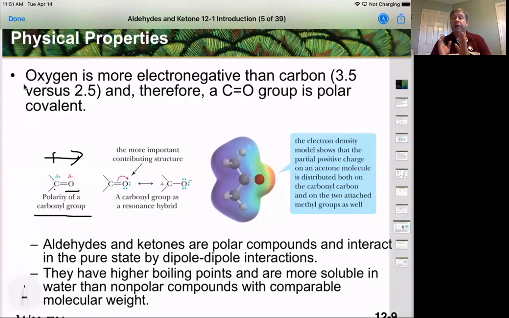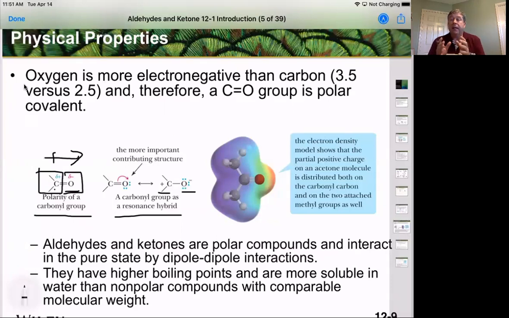This is the reactivity we're looking for in our carbonyl systems. Now, if we were to draw a resonance hybrid structure, we would actually have a positive charge on the carbon and a negative charge on this oxygen here. And that leads to its reactivity. So we want to think about the carbonyl as having that partial resonance structure, giving us what we call a partially positive carbon on one side and the partially negative oxygen on the other.